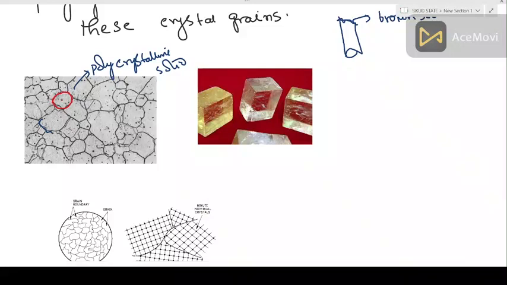This one is randomly arranged with respect to this one, and this one with respect to this one. So this is the microscopic view of a polycrystalline solid. But when you have a crystalline solid and you cut it, you see that the pieces are of definite geometrical shape.